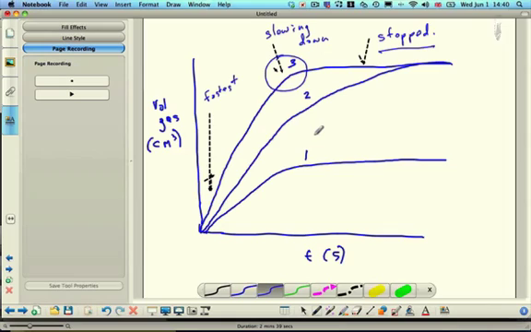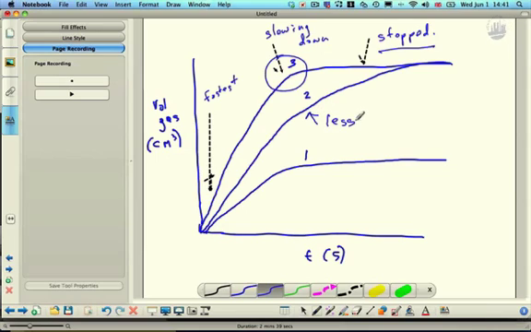Okay? Now, if we look at reaction 2, the same volume of gas is given out at the end. So we must have the same molar quantities of stuff. However, the rate is less steep.